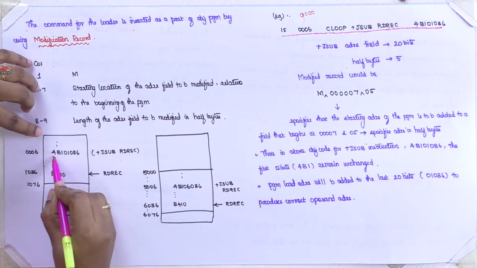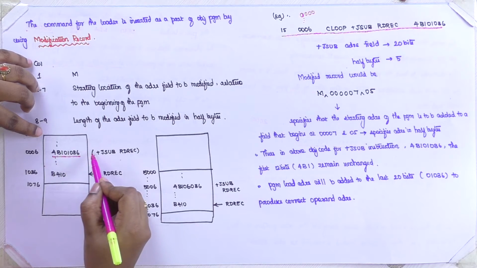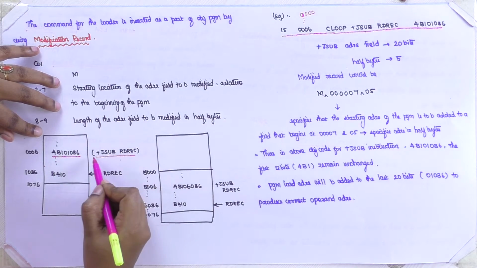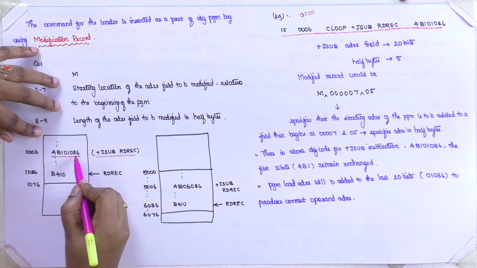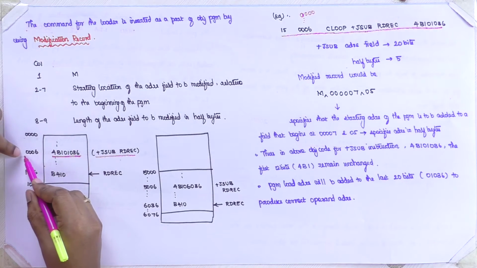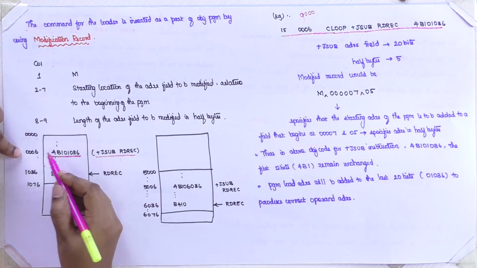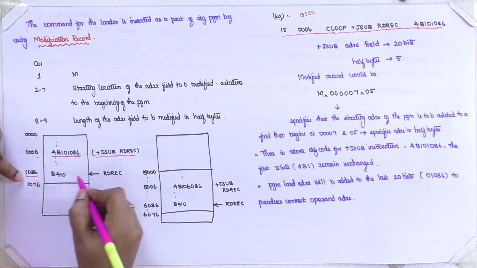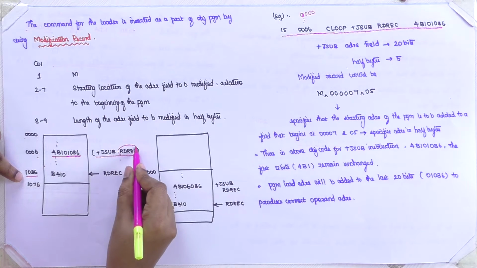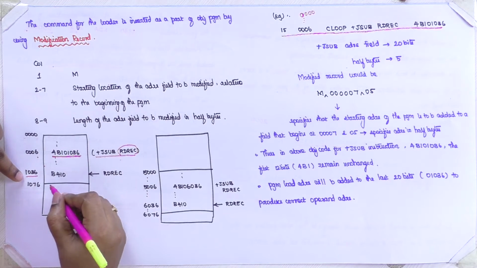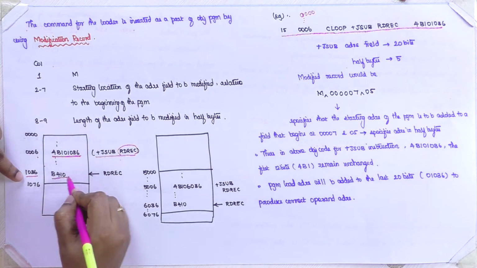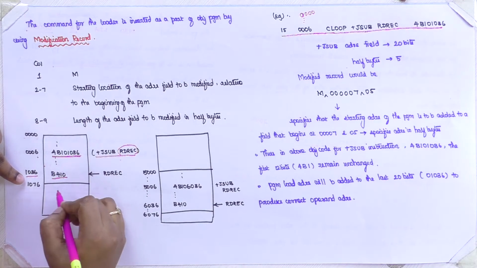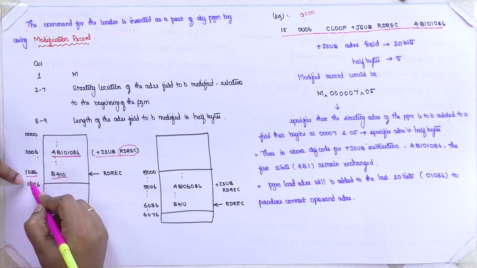So 4B101036 is the object code for the instruction plus JSUB RD REC. The location counter value for this instruction is 0006. Then 1036 is the place where the operand RD REC is present. We do not worry about the other instruction.